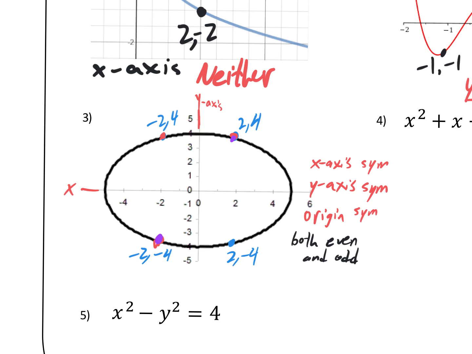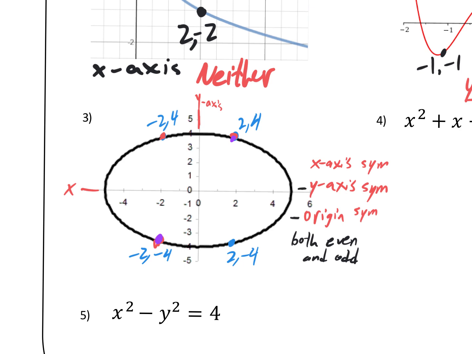Okay, because it has both origin and y-axis symmetry, so it gains both of those descriptors with it. And so again, this graph is super interesting. It's got all these different symmetries. It's kind of showing you that a relationship or graph can have all kinds of symmetries on here. Okay, make sure you're always checking for all of them.